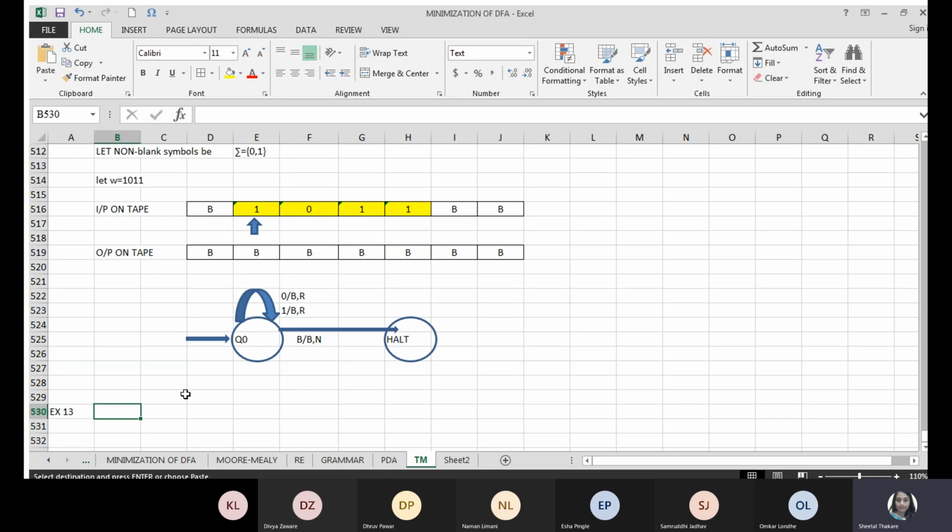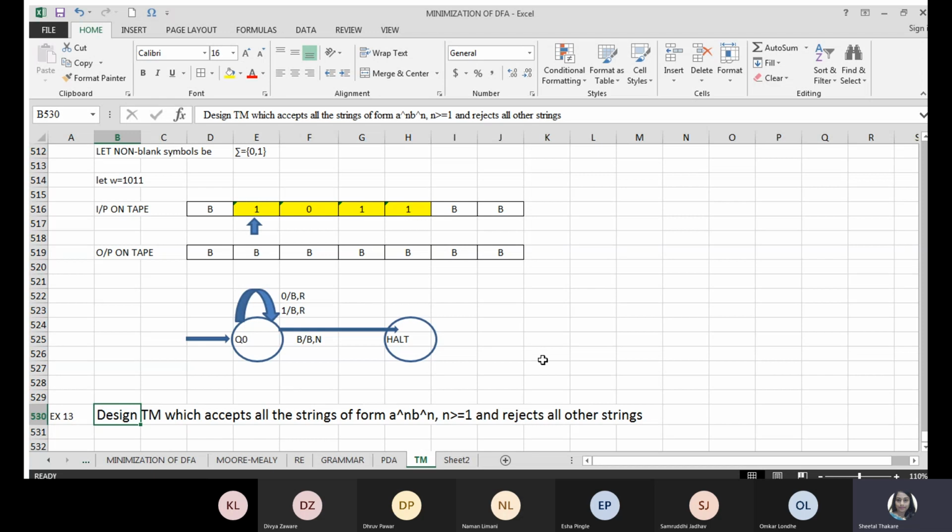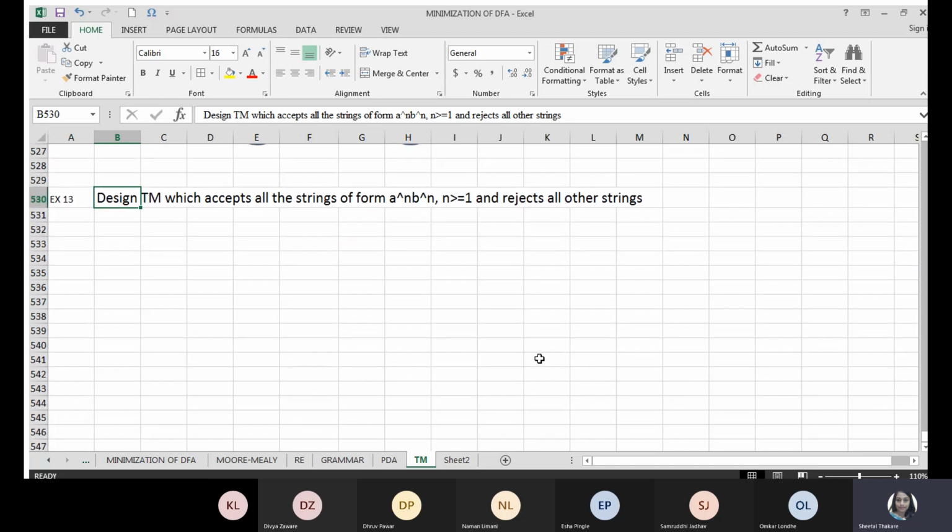asked so many times in the university exam. What it says, design Turing machine which accepts all the strings of the form a raised to n b raised to n, where n is at least 1 and rejects all other strings.